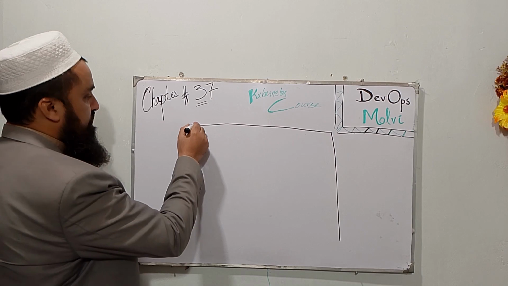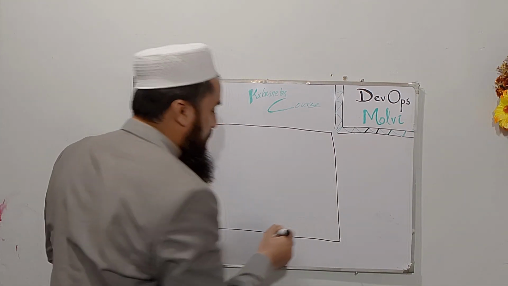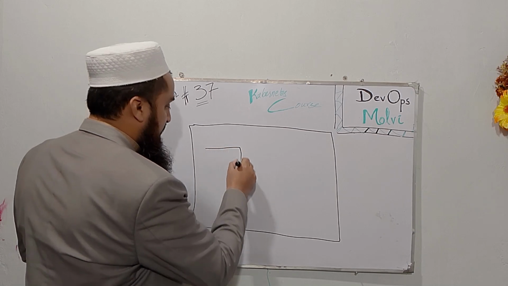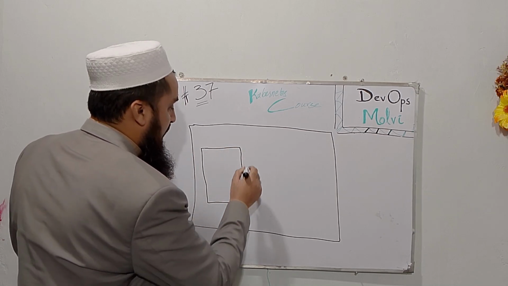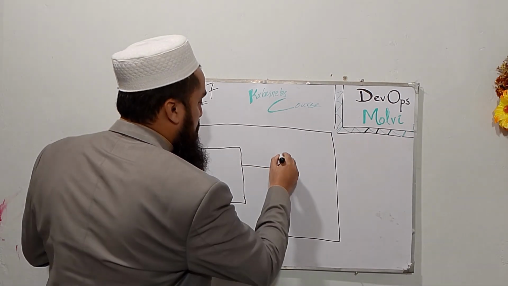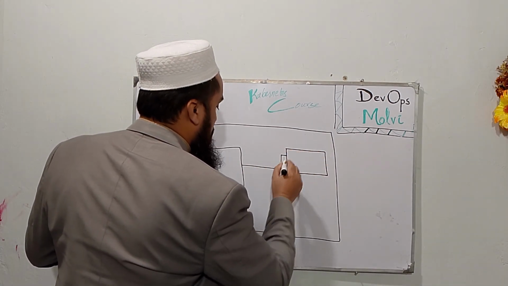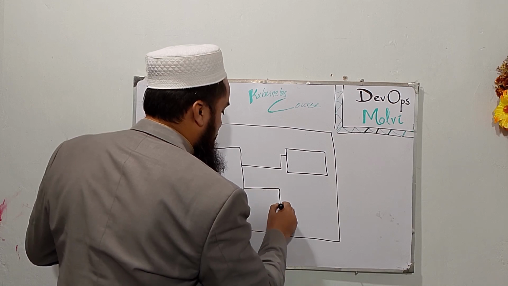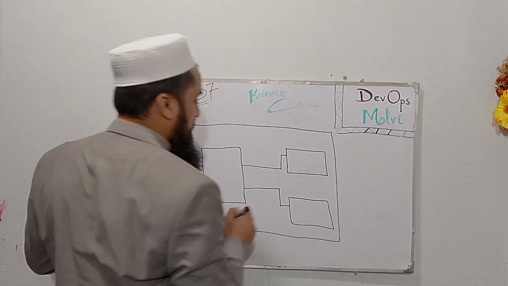That would be our cluster with one master node. Okay, this is my master node, and I have these two worker nodes. This is worker node 1 and this would be my worker node 2.